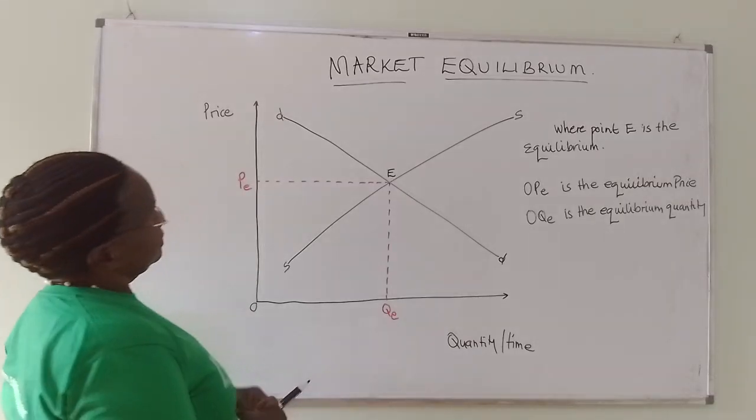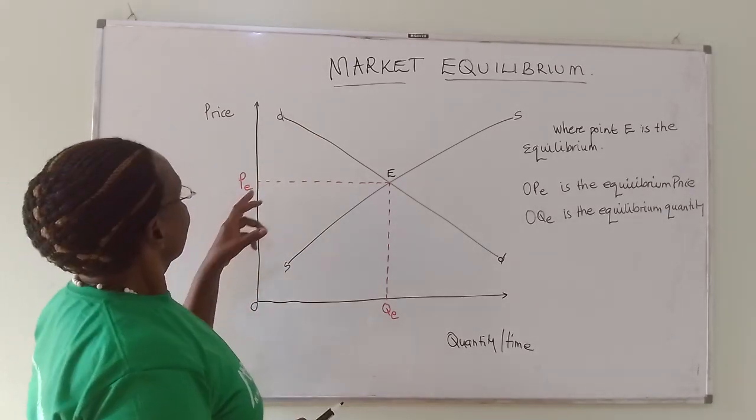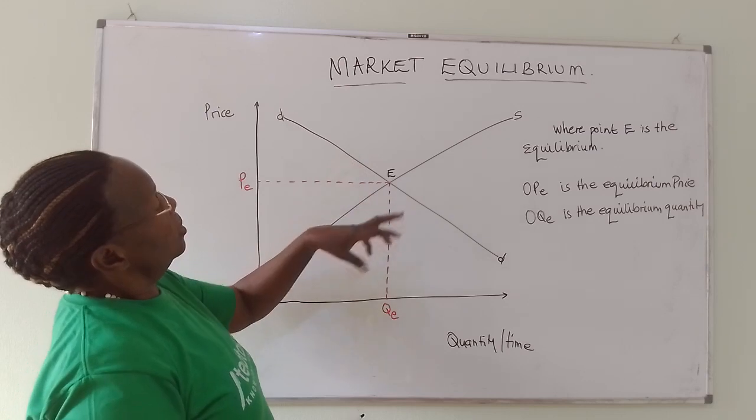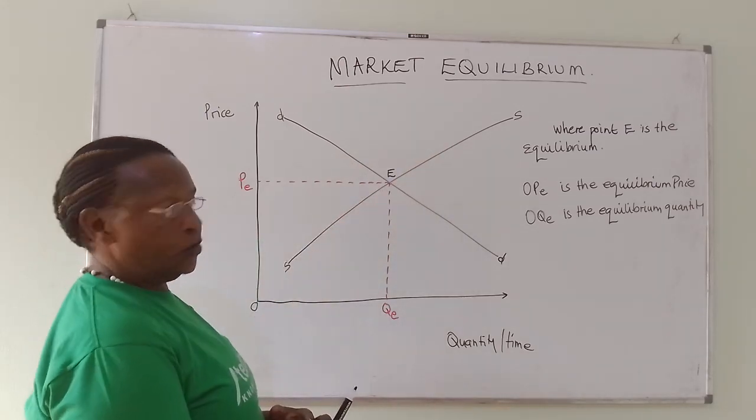An equilibrium price, as per our diagram, is a price established out of the interaction of the forces of demand and supply in a free market economy.